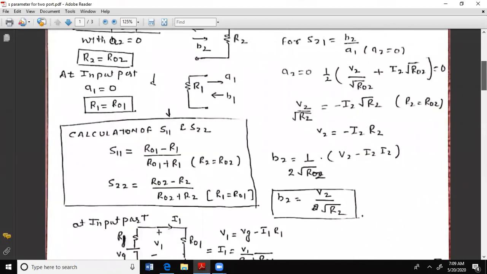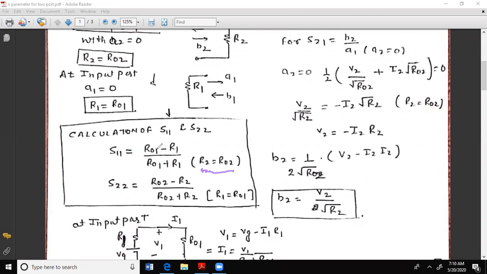Now to calculate S11 and S22. S11 is the case of R2 equal to R02, because B2 equal to 0, so no reflection. So this is the input impedance: Zin becomes R01 and the terminating impedance is R1.